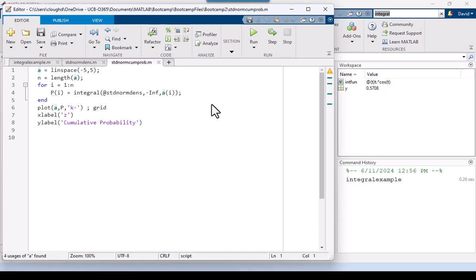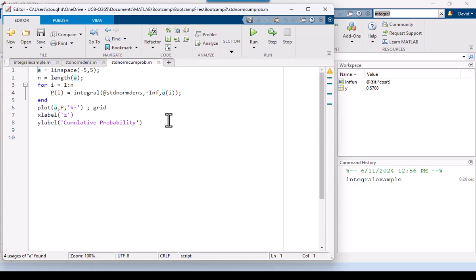And then we get the length of A, which should be 100. And then we carry out a for loop from 1 to n. And for each I, which will be each value of A in the array, we determine the integral from using symbol minus infinity up to A. Minus infinity for MATLAB means a very small number.